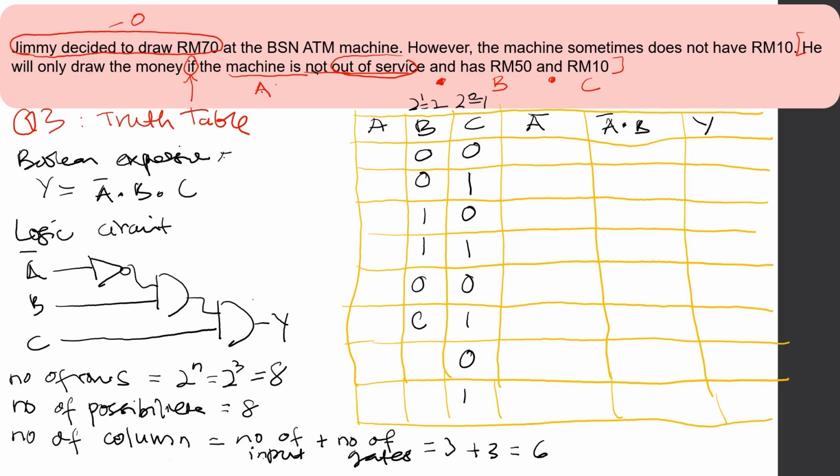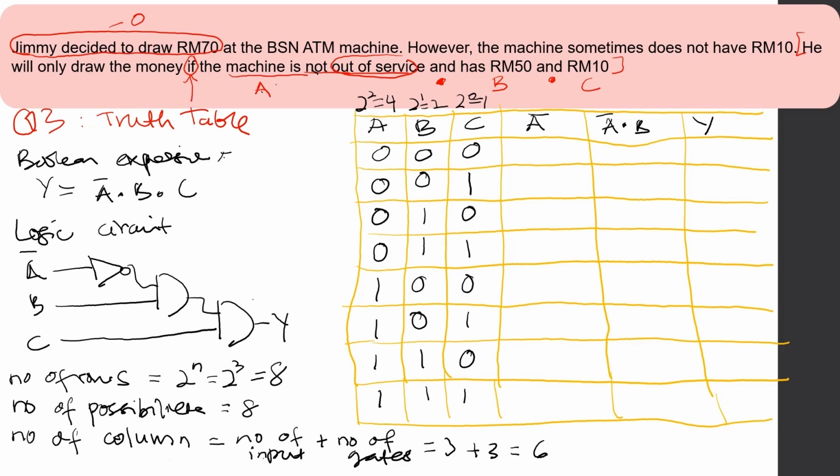Okay, 0 0 1 1. And then the last input, positional value 2 power of 2 equal to 4, means that the first digit is repeated 4 times. So 0 0 0 0 1 1 1 1.